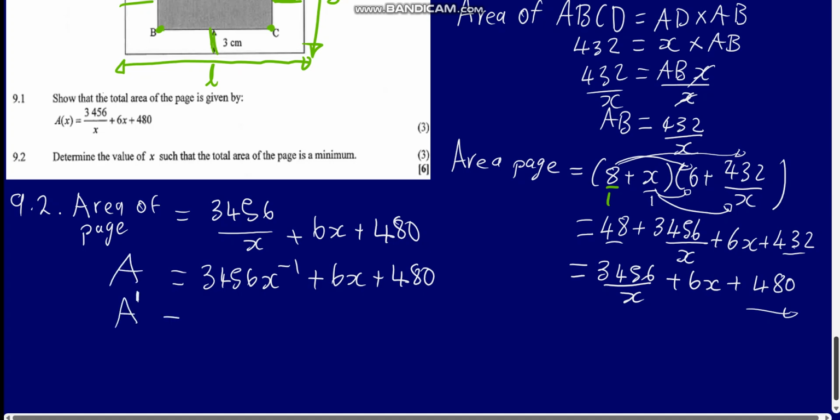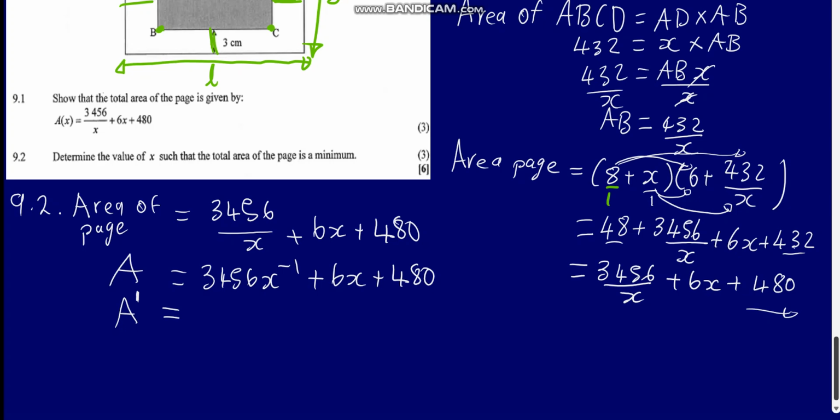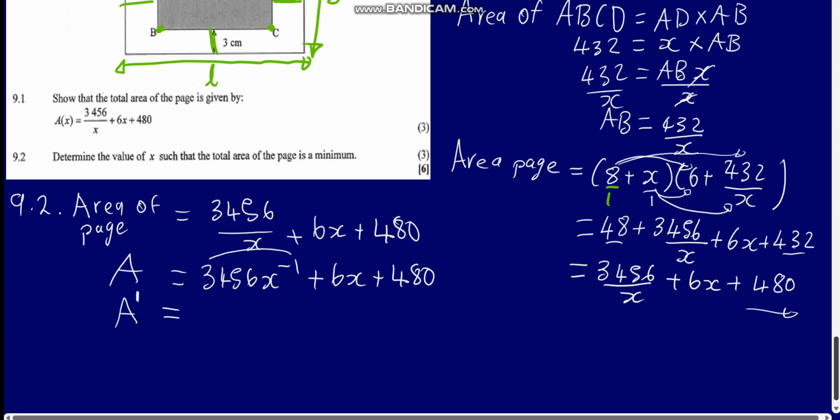We have to first simplify this and change it into its simplest exponential form according to the rules of differentiation. So we have minus 3456 x to the minus 2 plus 6, and then equate it to 0. We would get minus 3456 all over x squared plus 6.